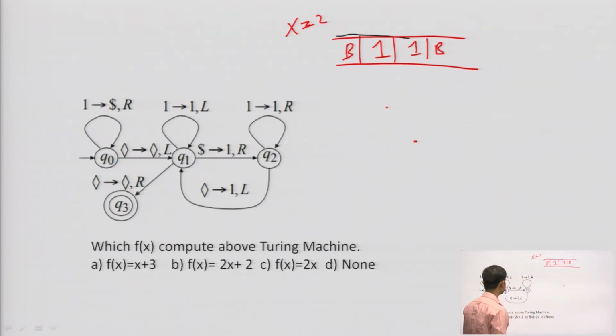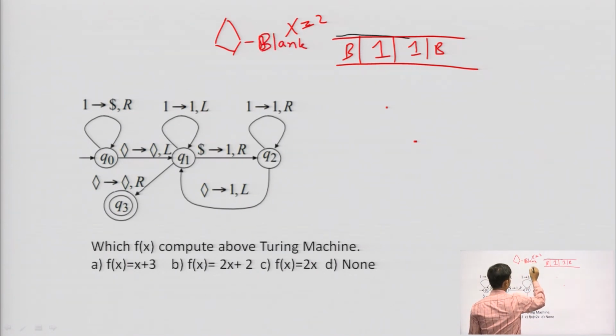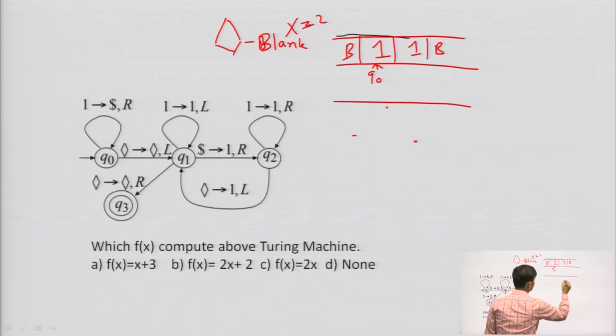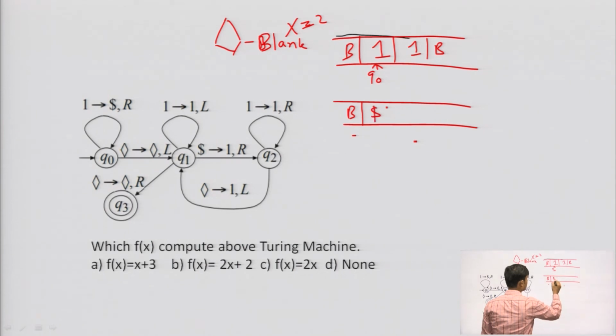I am writing this blank symbol as B. So, for all 1s you have to make them dollar and move right. So, Q0 points to this one, then this is B. You convert the 1s to dollar, and if blank is there you go back to the left.